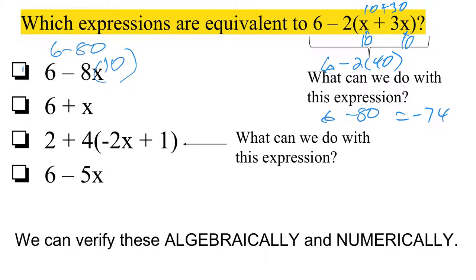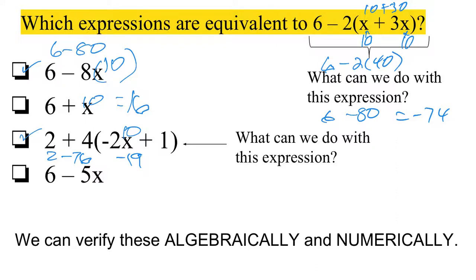Well, that's the same thing, so this one would work. If I put 10 in here, I get 16. That doesn't work. If I put 10 in here, I get negative 20 plus 1 is negative 19. And negative 19 times 4 is 76. And then I would have 2 minus 76.